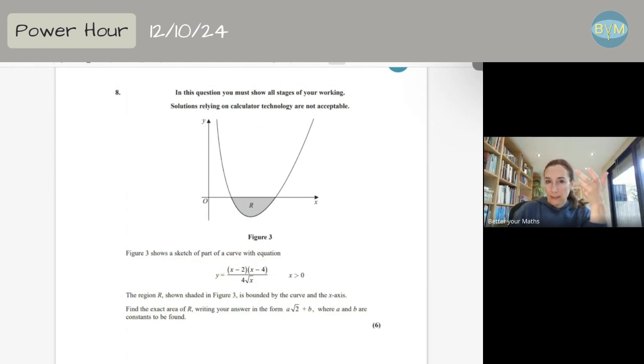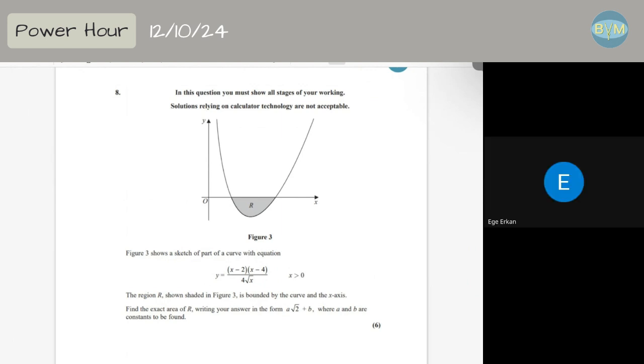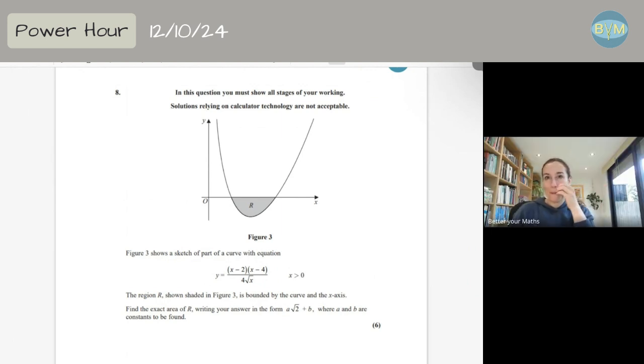But before integrating, how am I going to find the area? Integrating what and between what and what? I don't know. We need to find the coordinates. Which coordinates? When y equals 0. Exactly.